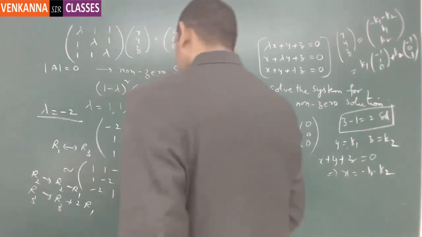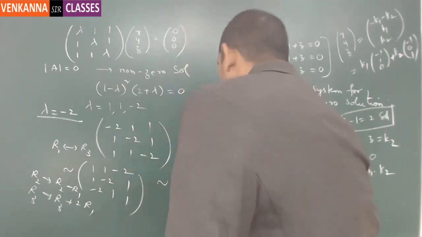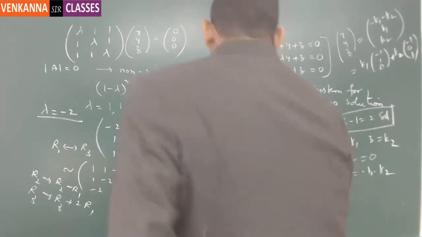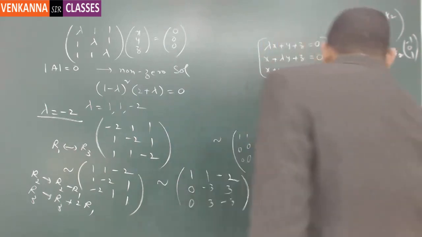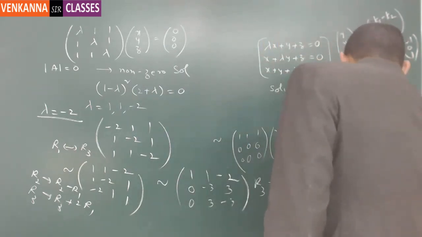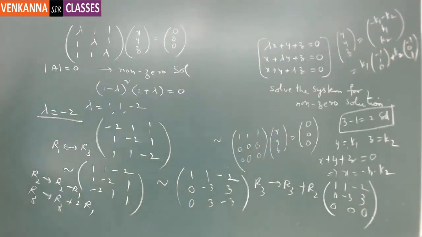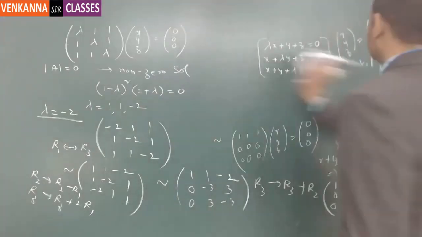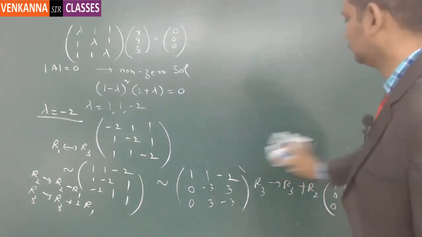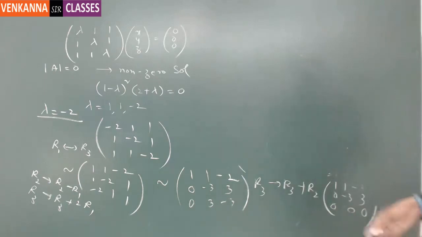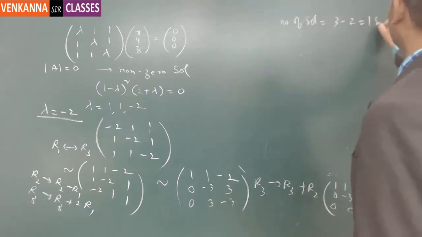This will be equivalent to 1, 1, -2, 0, -3, 3, 0, 3, -3. So the number of solutions is 3 minus 2, which is 1 solution.